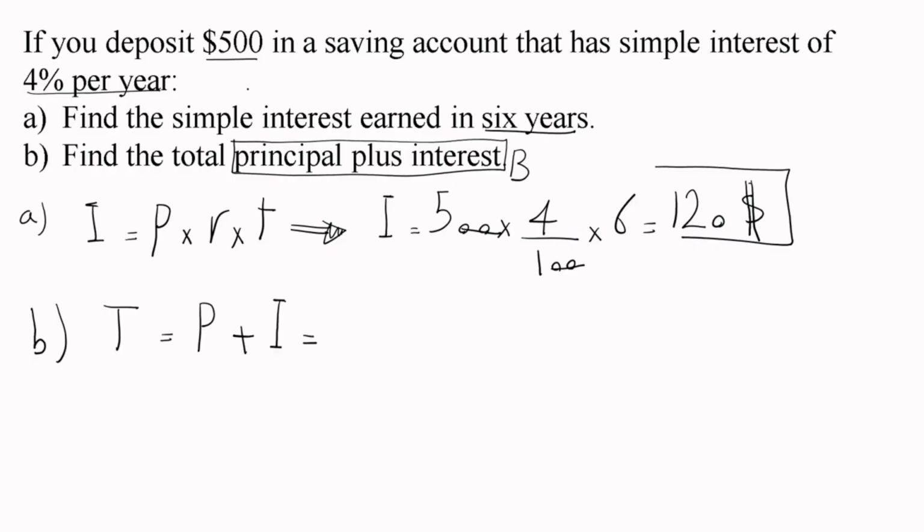So the initial money is 500, and the interest is 120. So the total money or the balance will be $620. Really easy.